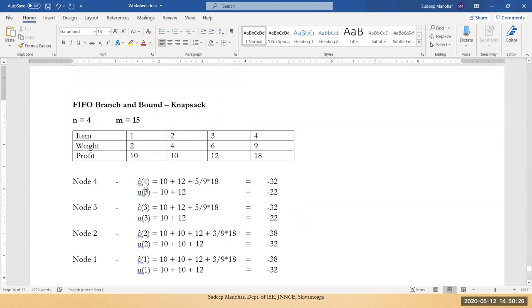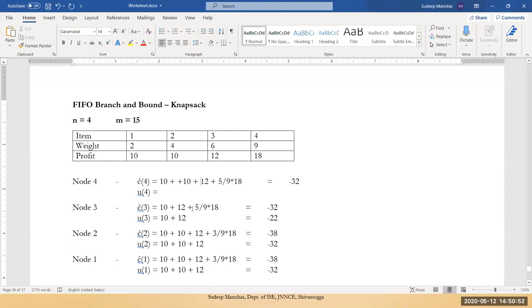So with fraction, you have to consider 1 and 2. When you consider 1 and 2 with fraction, 2 and 4 are considered. Next 6 is also considered. Next part of 9 is considered. That means you will get the same result: 10 plus 10 plus 12 plus 5 by 9.